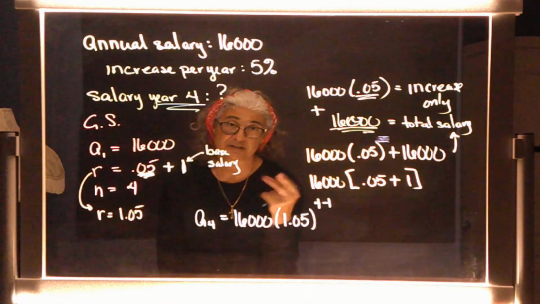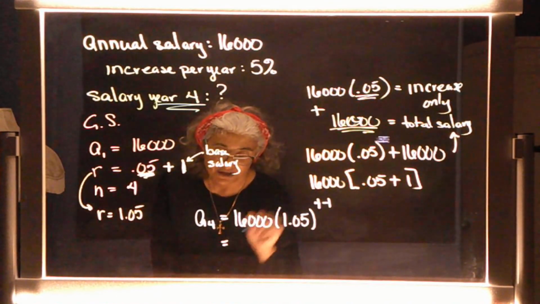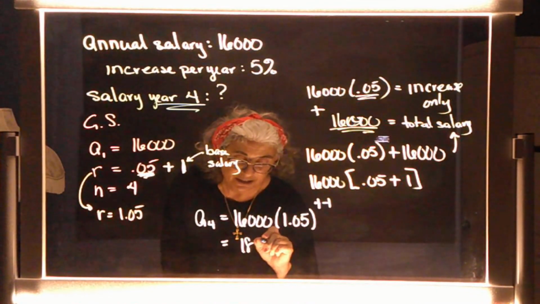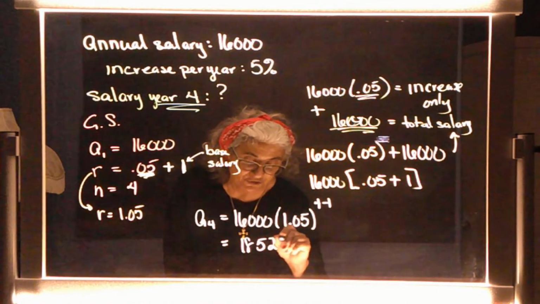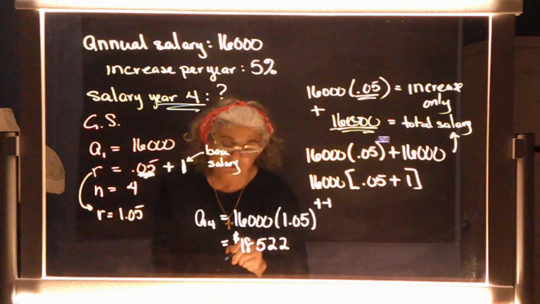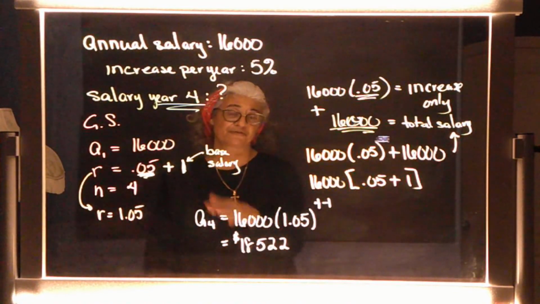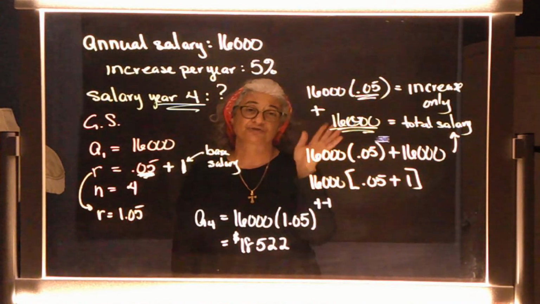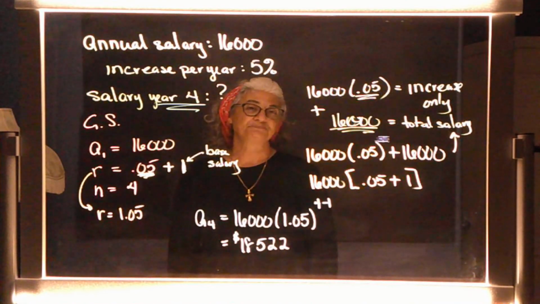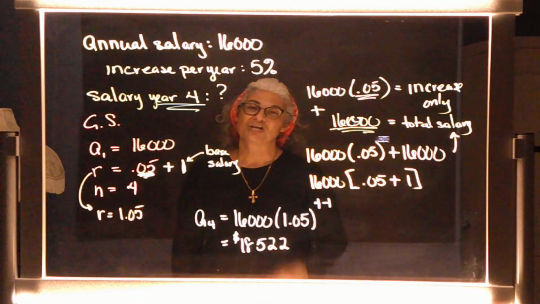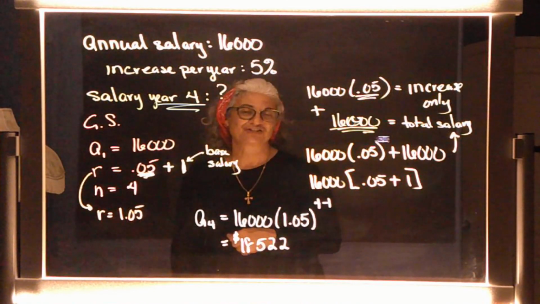To the power of 3, because r is 1 behind. All right, so you go with your calculators. I know you guys are punching this all in, and after I punched it all in, the 4th year salary for this person was $18,522. Cool? Okay, you have fun with this stuff, and I'll catch you on the flip side.